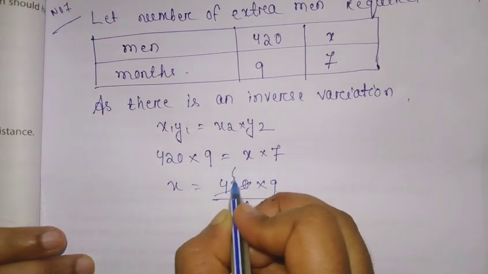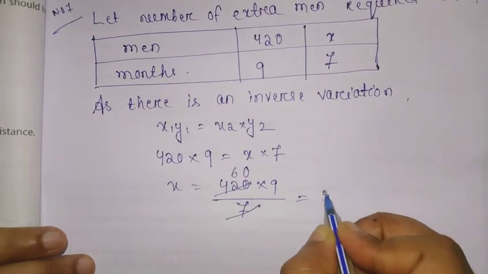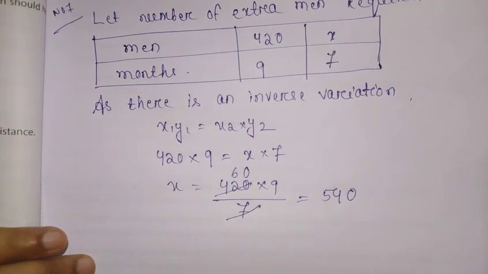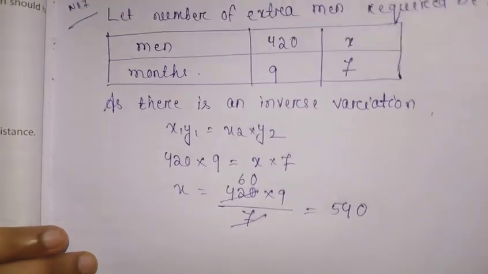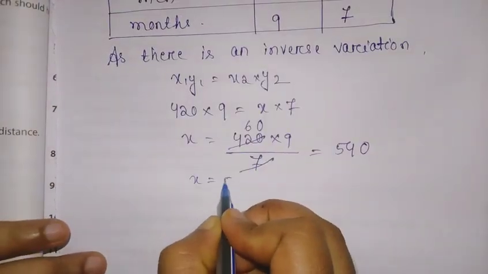Then 7 sixes are 42, 0. 9 sixes are 54, with 1, 0. 540. Then x equals 540.